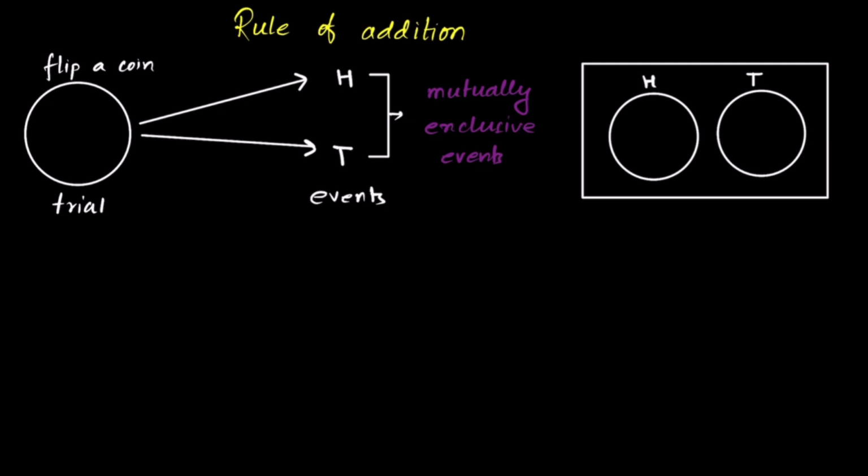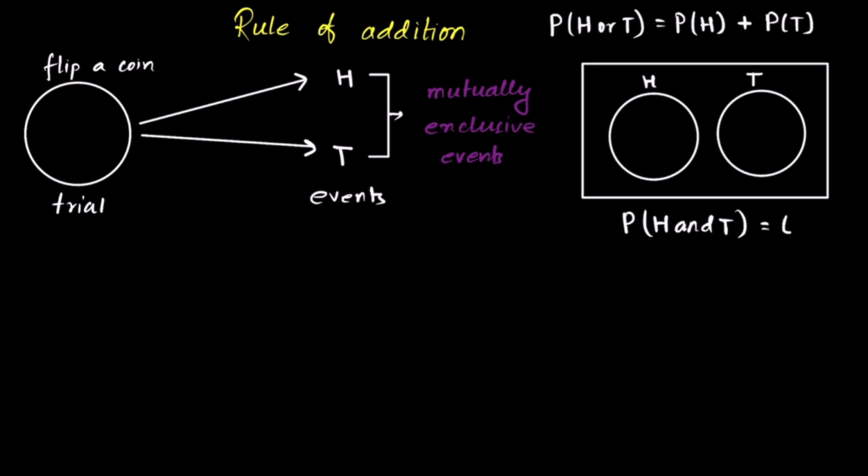In this particular condition, if you have to find the probability of getting head or tail, you simply add the two probabilities, probability of getting head plus probability of getting tail. The reason being, in this case, the probability of getting head and tail at the same time is 0.